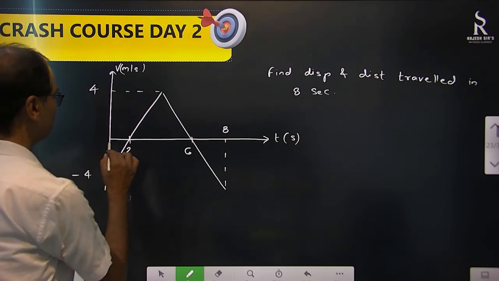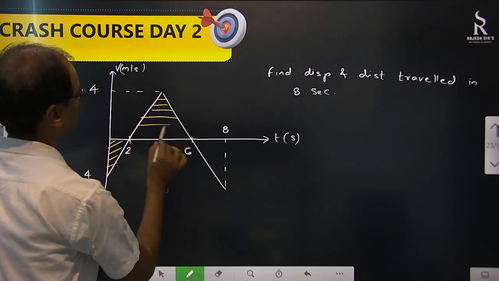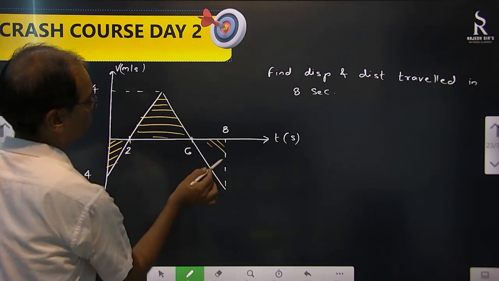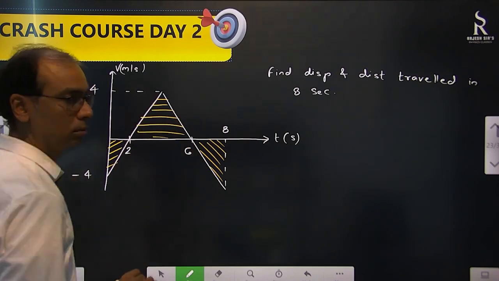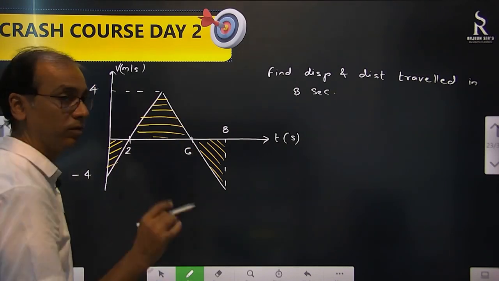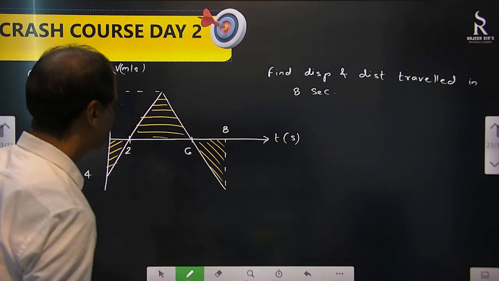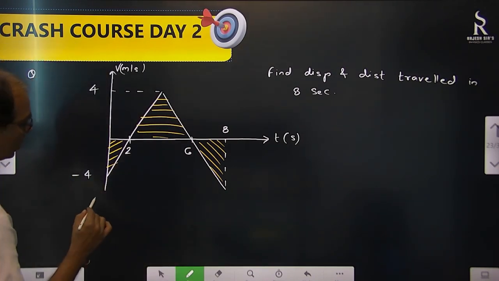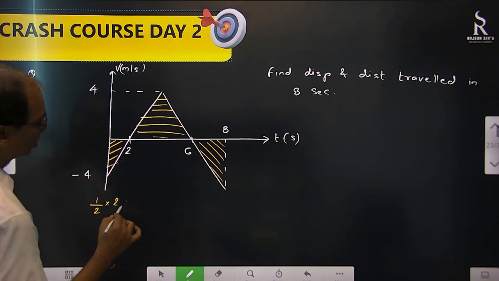So this triangle, and this triangle. That is it. This is a positive triangle. These are negative triangles for displacement. But for distance, everything is positive. Okay, so here this triangle is what? Half, base is 2, height is 4.